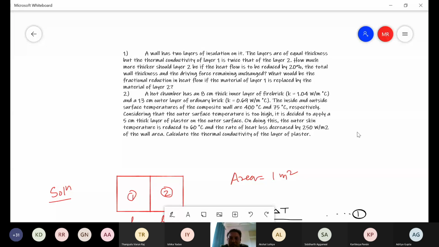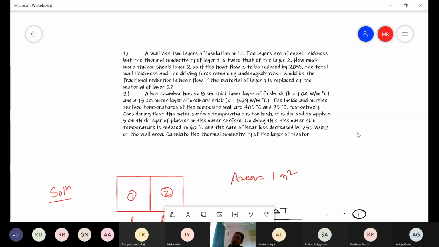Considering that the outer surface temperature is too high, it is decided to apply a 5 centimeter thick layer of plaster on outer surface. On doing this, the outer skin temperature is reduced to 60 degrees Celsius and the rate of heat loss decreased by 250 watt per meter square. Calculate the thermal conductivity of the layer of the plaster.